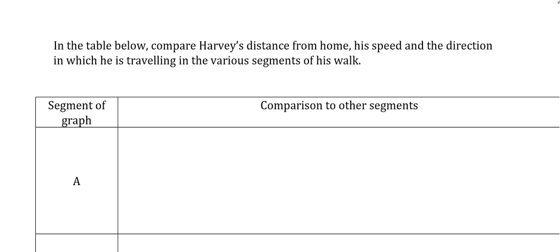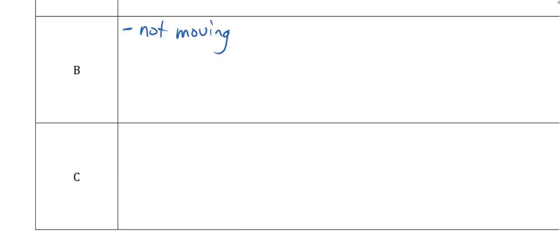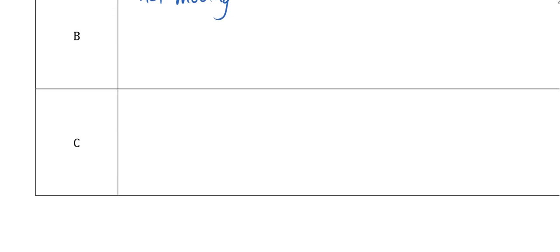Okay, what kinds of things did you come up with? Sam, what did you two talk about? For A, they're walking. Okay, so A is more slowly. How do I compare that to B? Justin? So they're not moving at all here, or they're stopped. And then C. Somebody else? Walker?